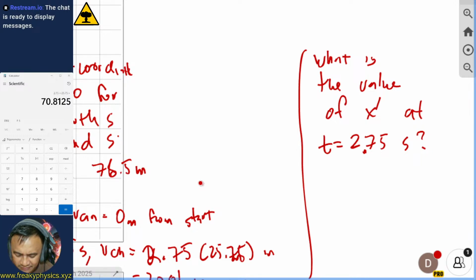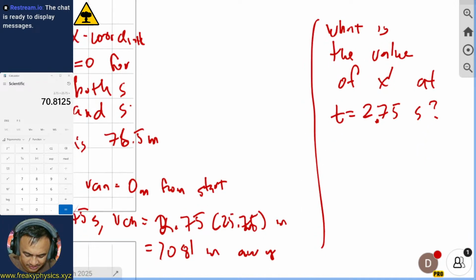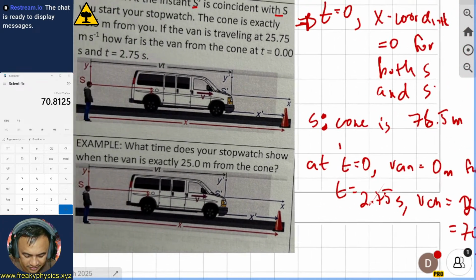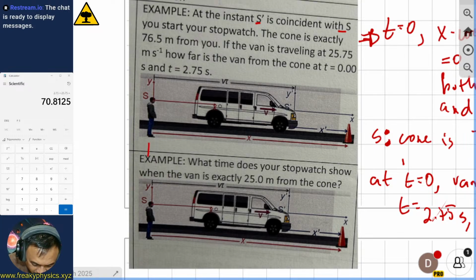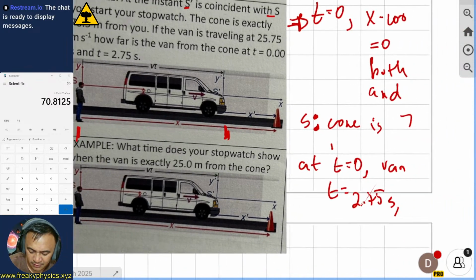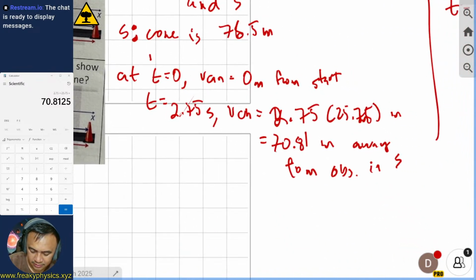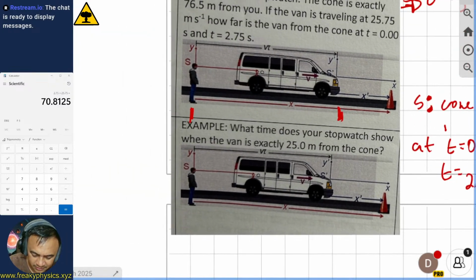In order for us to do this, let's put it in the diagram first: the van traveled 70.81 meters here, so let's label that. We know the total distance is 76.5. If we take away that value from 76.5, this distance is going to be 5.69.